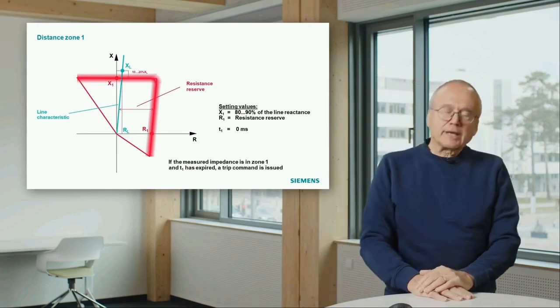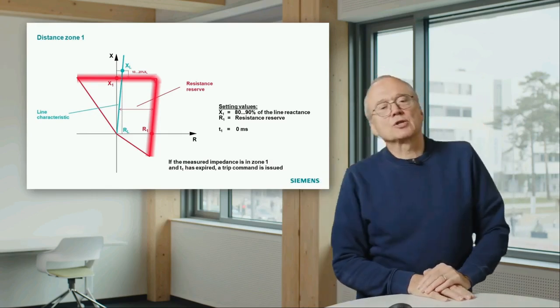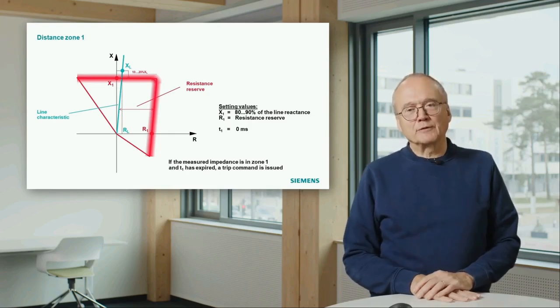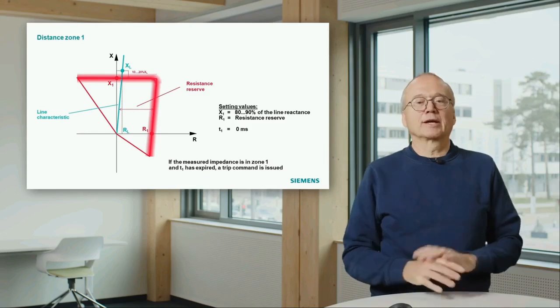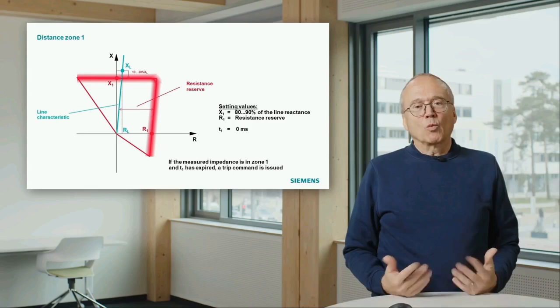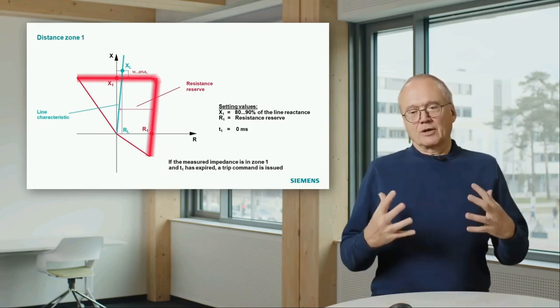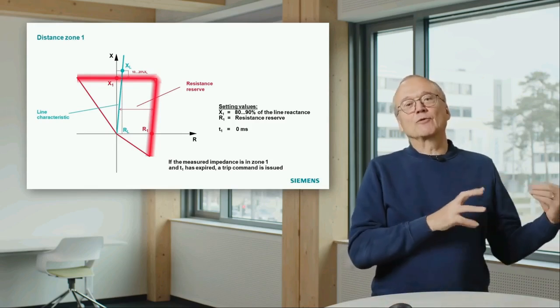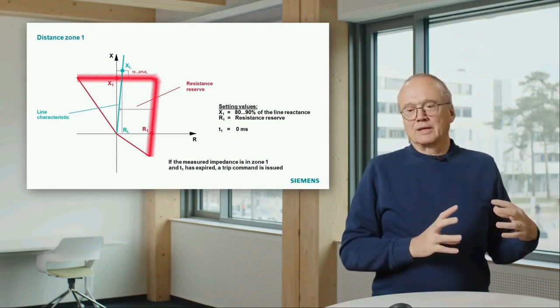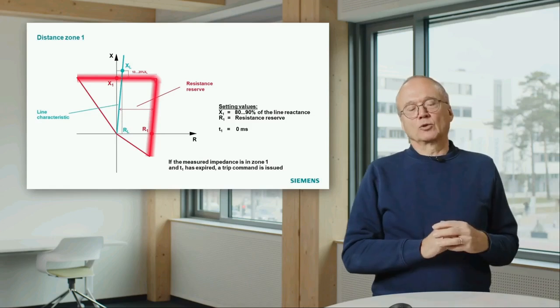If you look into applications worldwide, there are also a lot of relays in operation which have a completely different characteristic. They have a circular characteristic, so-called Mho circles. What is behind that? Also there, like with the inverse time curve, it comes from traditional measurement technology.